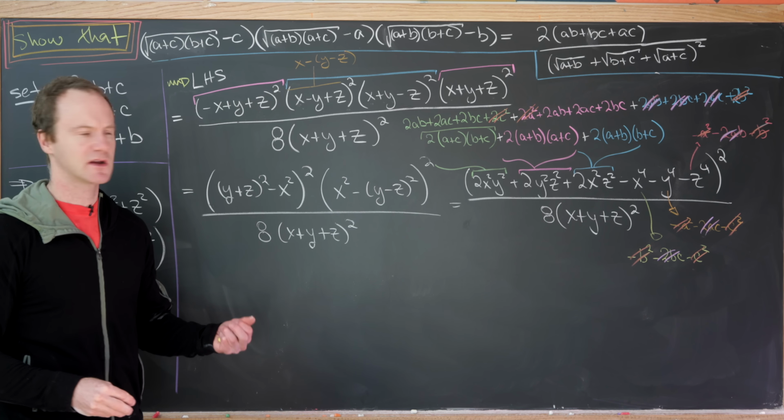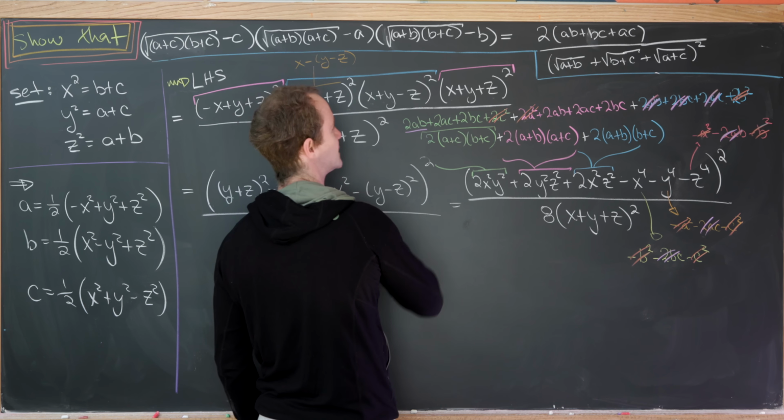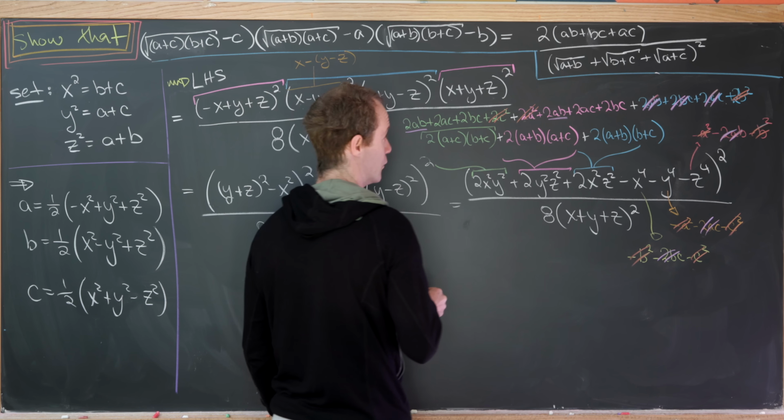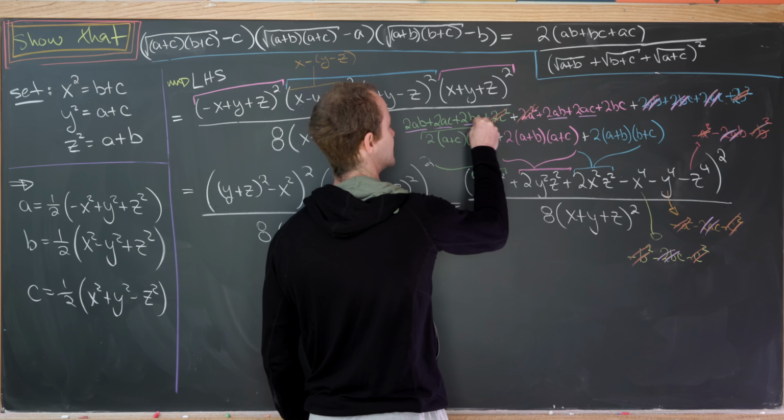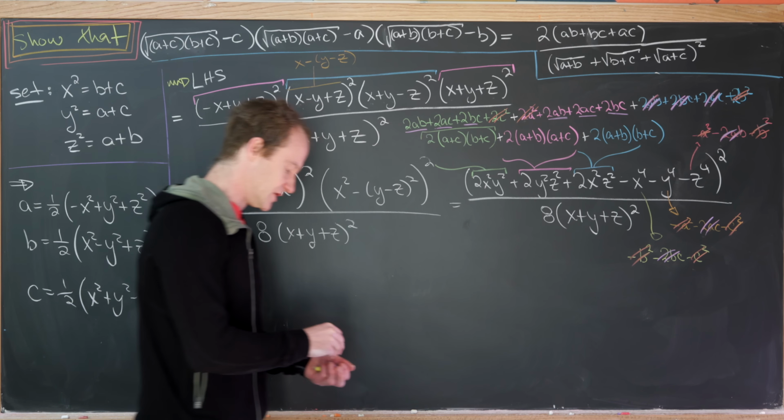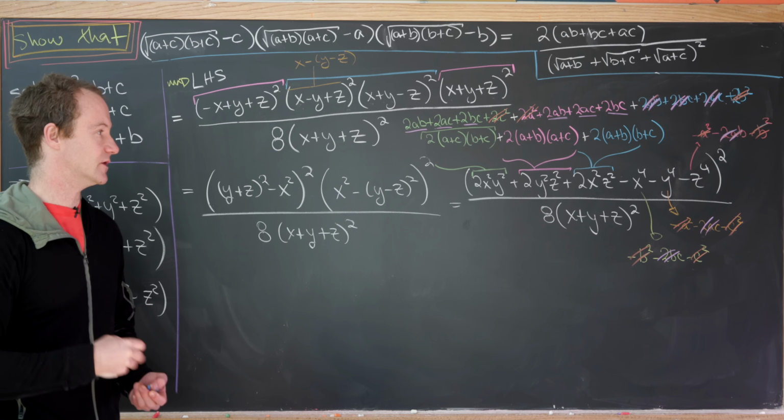And then next up, we can combine like terms. So this 2ab will add with that 2ab, 2ac with 2ac, and 2bc with 2bc. So that means we'll have 4 of each of those.